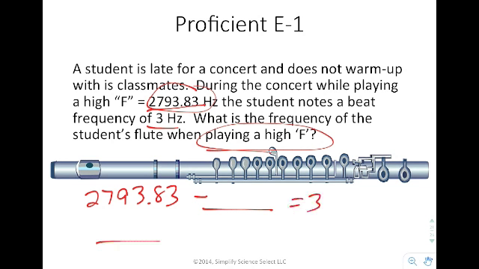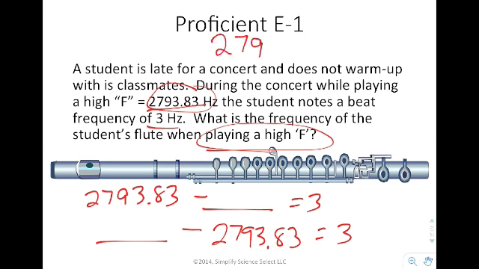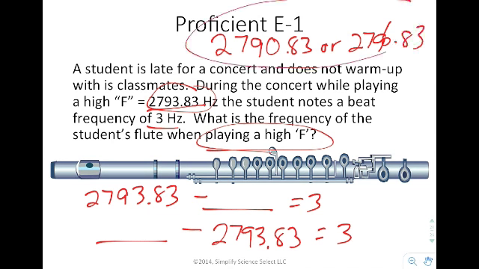Or I can say some number minus 2793.83 has to equal 3. They're basically the same numbers. You end up getting something like 2790.83 or 2796.83. Those are the two options that will produce a beat frequency of 3.